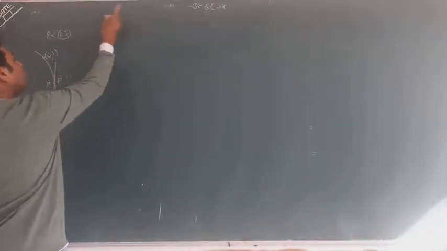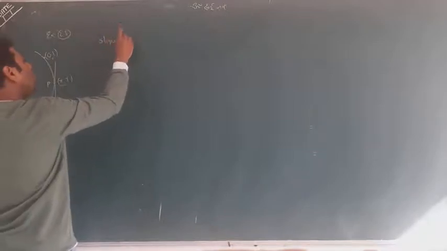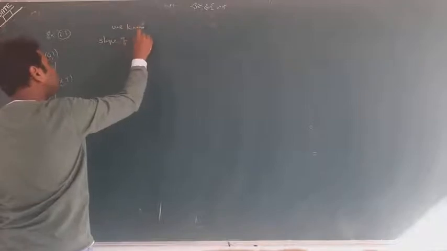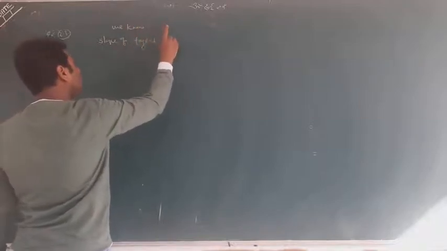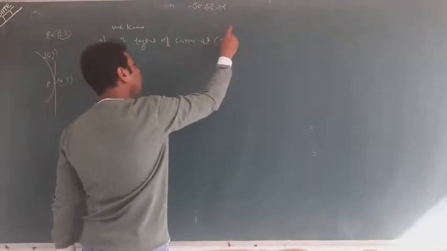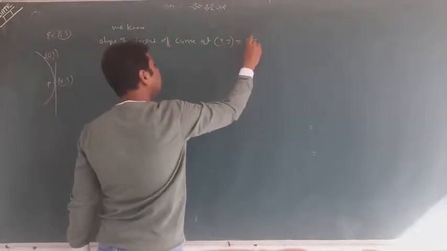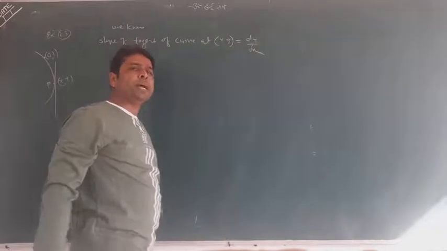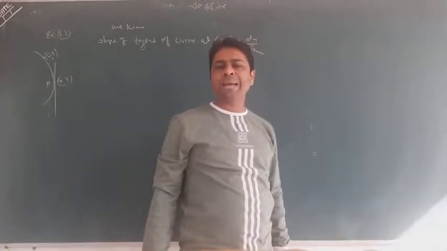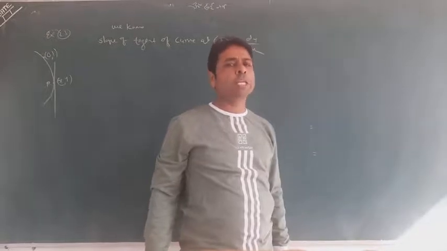First of all, I write here the slope of the tangent of the curve at (x, y) is none else but dy by dx. You should remember that the slope of any tangent at the point (x, y) of the curve is always called dy by dx.